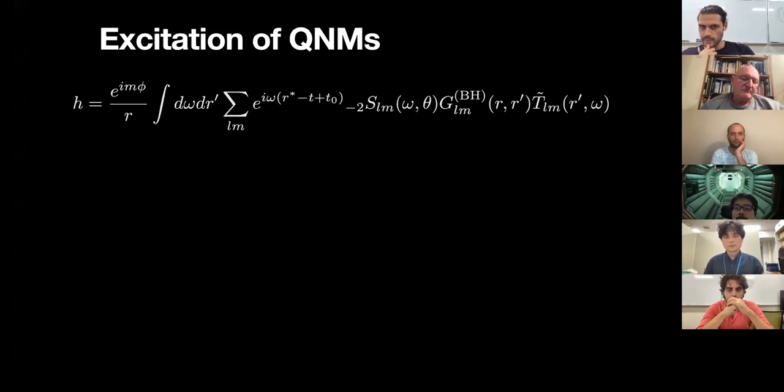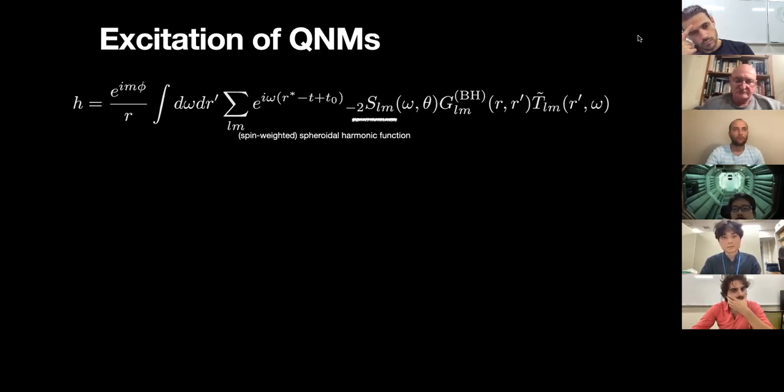So the idea is actually very simple. Just compute the excitation factors up to higher overtones. In order to obtain the ring-down signals, you can just perform this integral based on the perturbation theory of black holes.